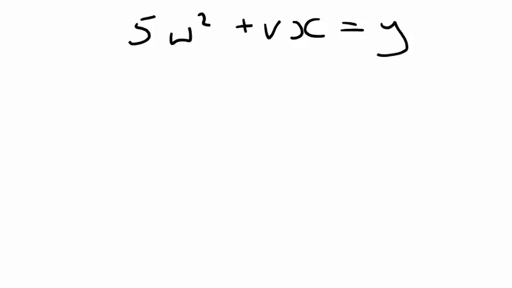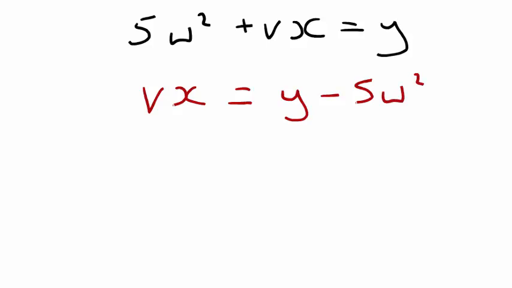So this is the final one, number 6. Again, we're trying to find x, so we need to first of all remove the 5w squared, so we've got vx on its own. So we have vx equals y minus 5w squared.